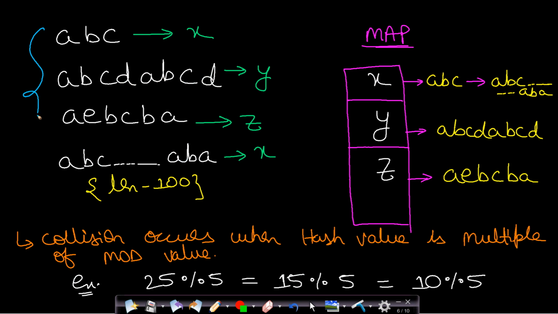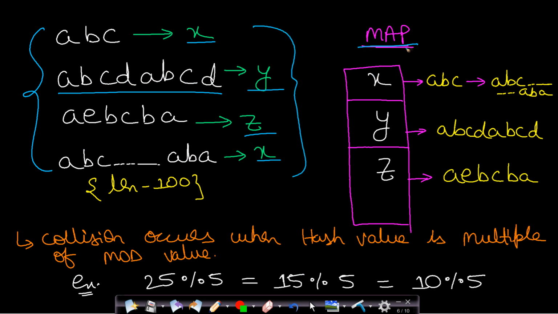Let us assume that we had these 4 strings and we have converted them to their hash values. So ABC has hash value X. This string has hash value Y, this one hash value Z, and this one hash value X. Now once you have found all the hash values, you can simply use a hash map, and use these converted hash values as the key, and this is the list which will store the strings which have this hash value.